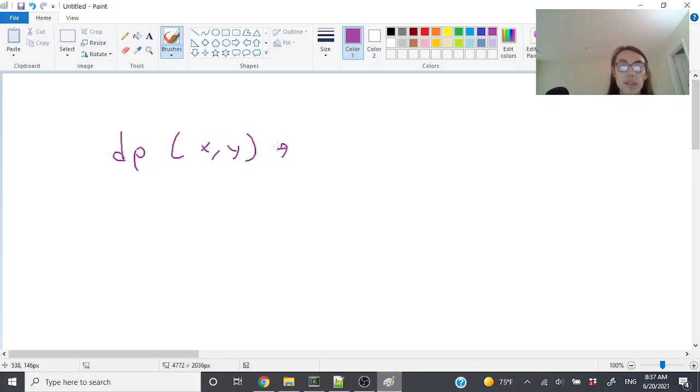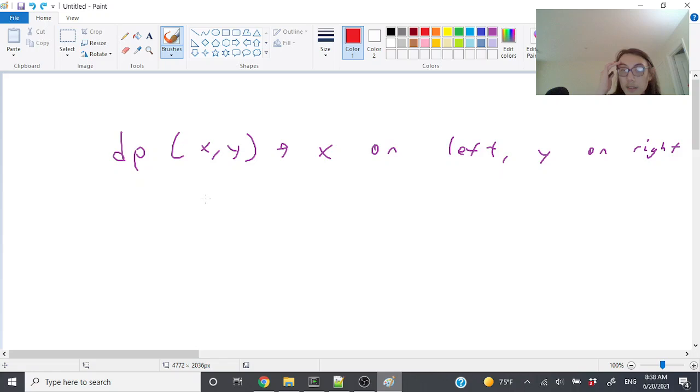We consider DP xy, where x is on the left and y is on the right. Because the larger of these determines which card you're currently at, we only have n squared states.